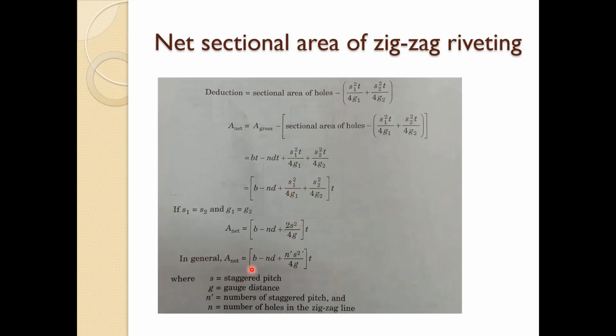So in general A net equals b minus nd plus n dash s square divided by 4g, into t. Here s is the staggered pitch, g is the gauge distance, n dash is the number of staggered pitches, and n is the number of holes in the zigzag line.